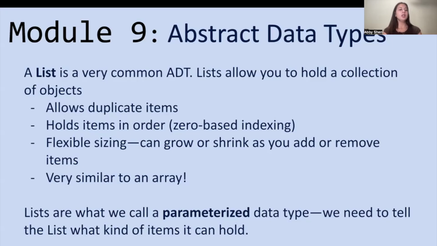Next, lists are what we call a parameterized data type, so we need to tell the list what kind of items it can hold. This means if it's strings that are held in the list, or integers, or doubles, or maybe a list of another type, like a list of zombies, we need to explicitly state that when we declare the list.